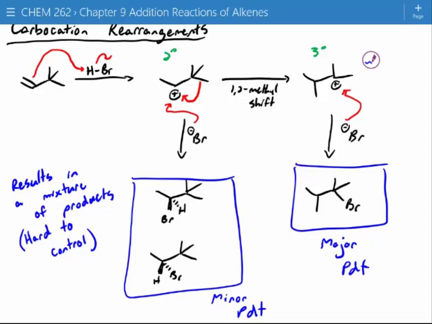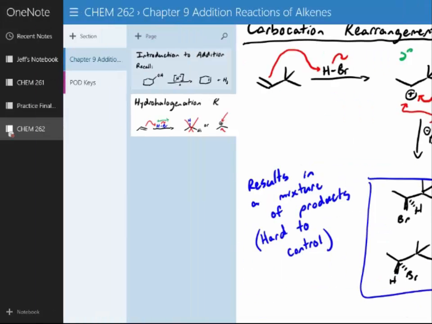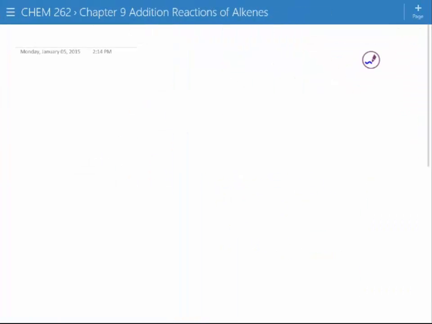All right, so I think we've got enough time to start on a little bit of a new reaction, but it's very, very similar, so it won't be anything too earth-shattering for you guys. These are called acid-catalyzed hydration reactions.